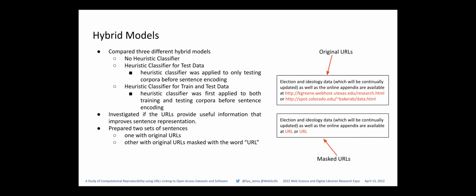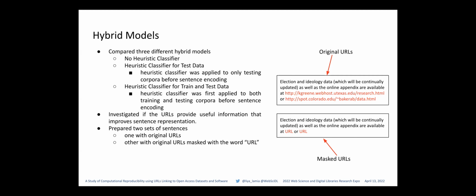The third one is heuristic classifier for train and test data, which is the model where the heuristic classifier was first applied to both the training and testing corpora before sentence encoding. After that, the remaining sentences that we got from the heuristic classifier, we fed into the language models for the sentence encoding.